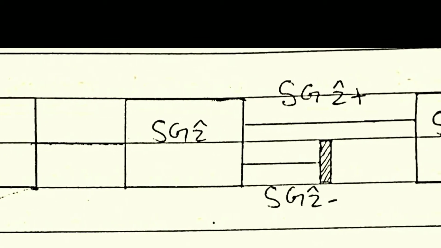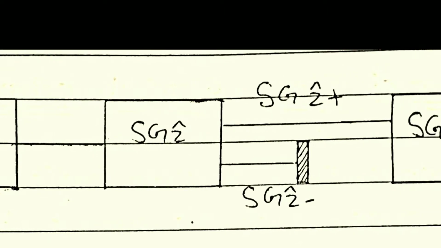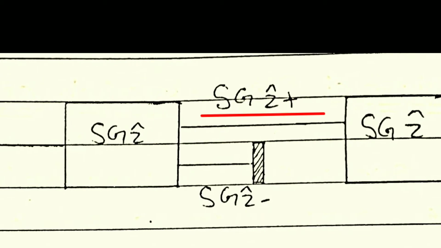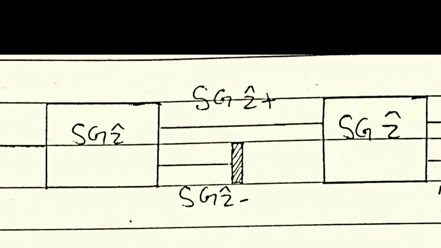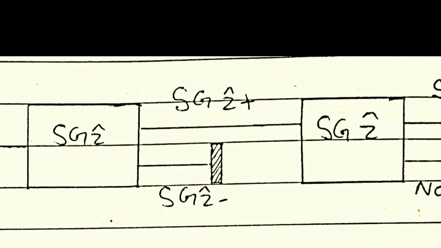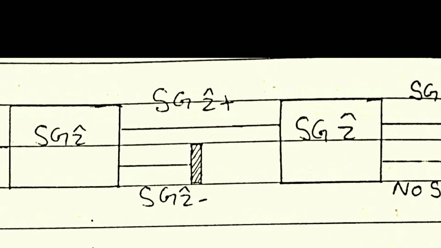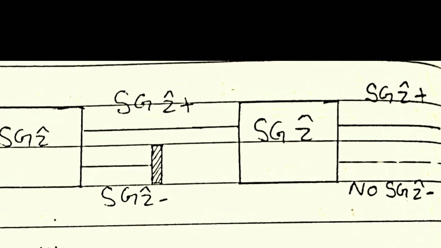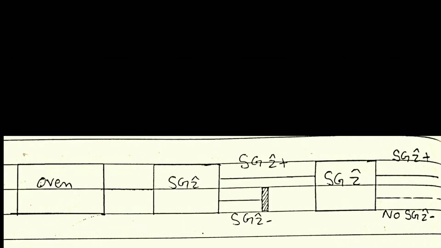Out of these Z positive and Z negative directions, when we block a direction, let's say Z negative, and pass the Z positive through another SG Z operator, we find that it gets only one out of the two. Yes, the result will be only one beam out of two.